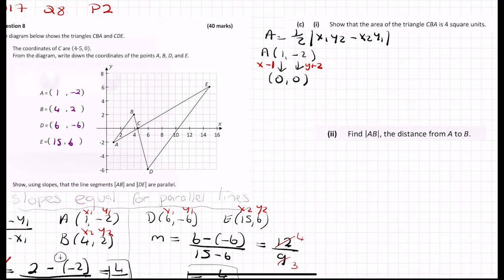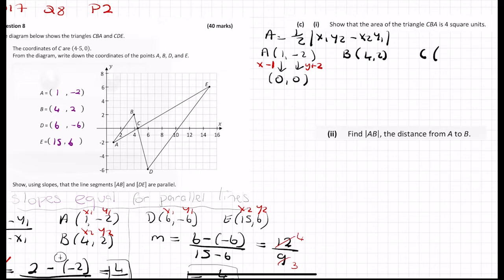And that makes sense because on the y coordinate I have to move up, so I'm adding on 2. And in the x coordinate I have to move back 1, so I'm subtracting off 1. Okay, and you do that to the other 2 points. So B is 4, 2.